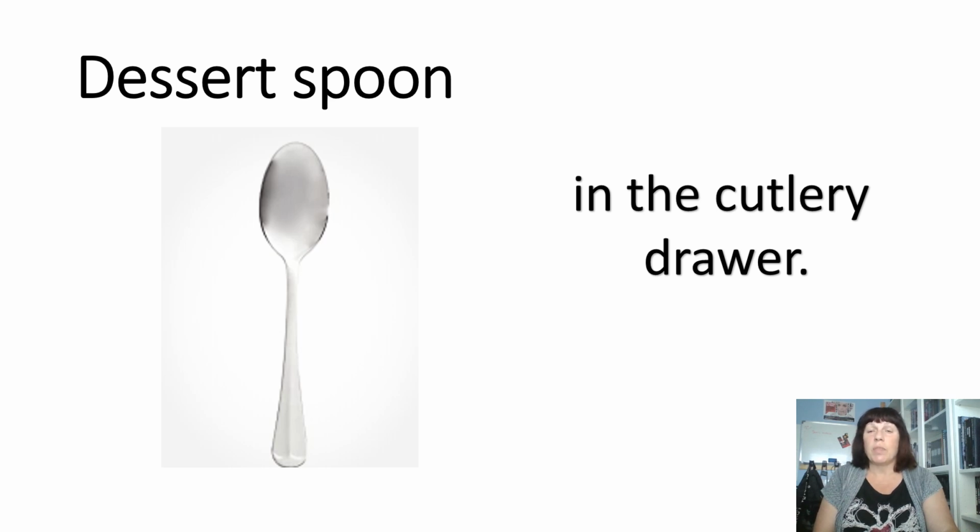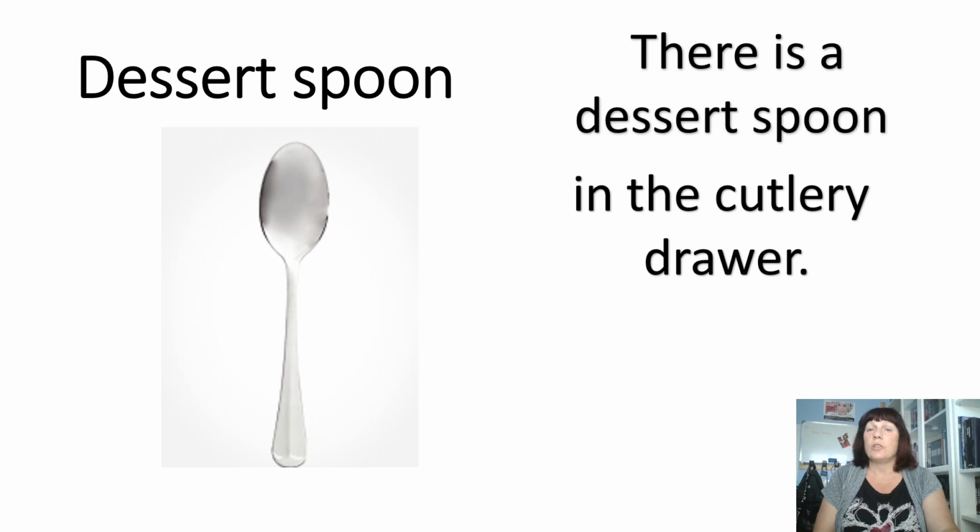Well, that's the same thing. I use the word dessert. So if you hear pudding or dessert, it means the same thing, the food that you eat after the main part of your meal. There is a dessert spoon in the cutlery drawer.